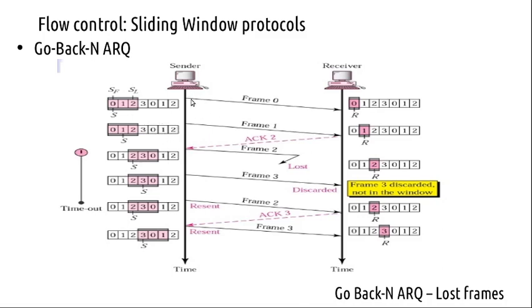Say here frame 0 is sent, frame 1 is sent, and I am sending an acknowledgement back from the receiver, indicating that the next frame expected is the one with sequence number 2, and promptly the sender will send the frame with sequence number 2, but unfortunately it is lost.